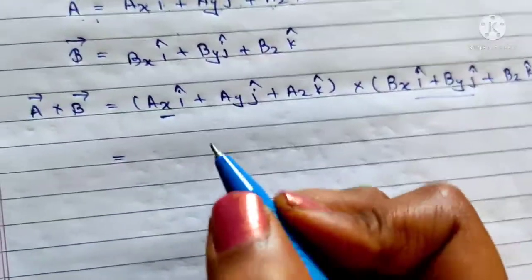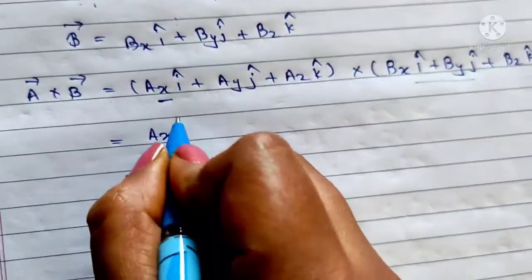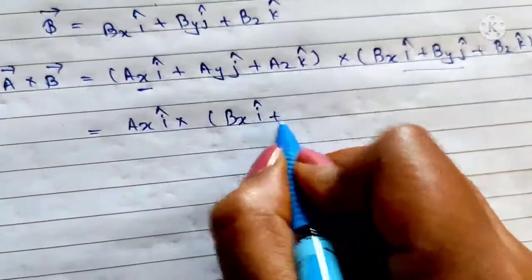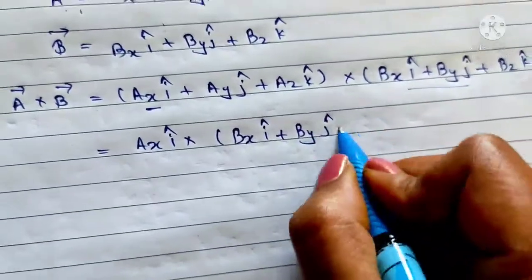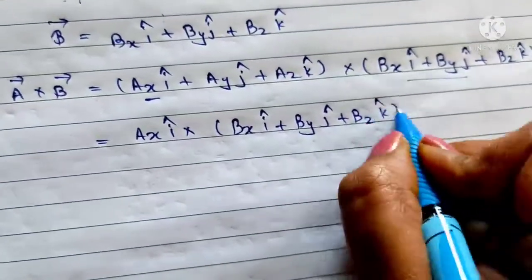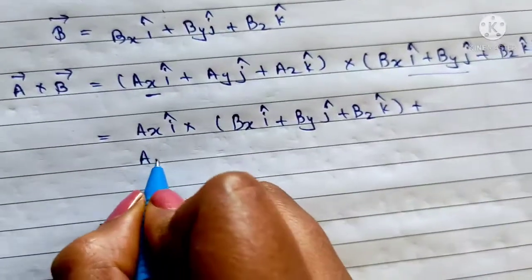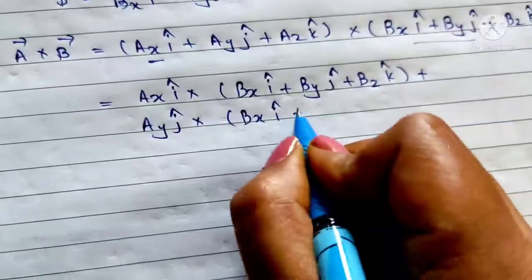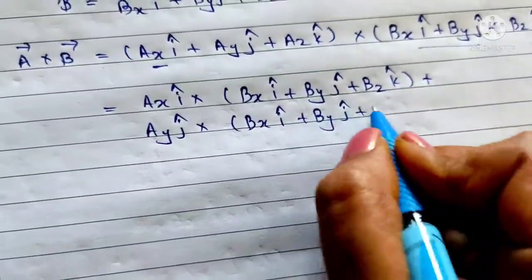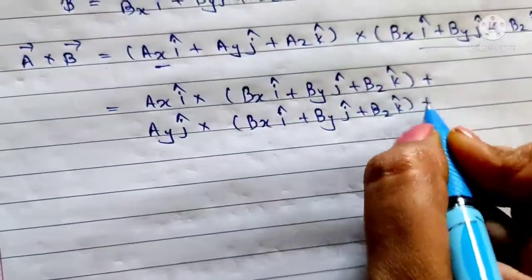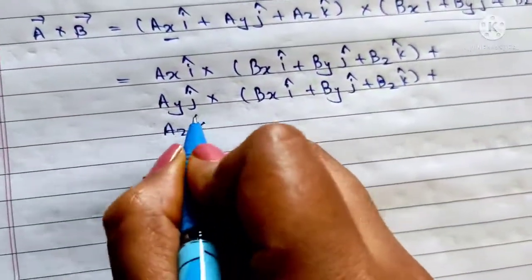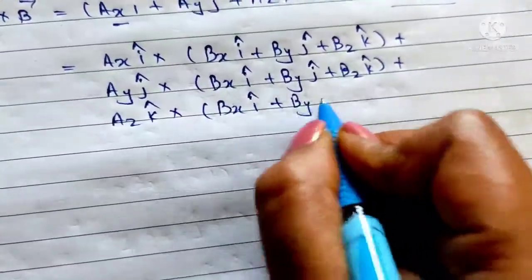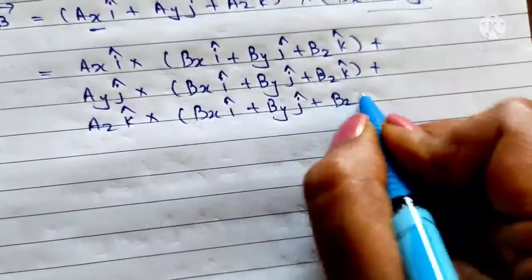So here we can write the next term as ax i cap cross the second vector bx i cap plus by j cap plus bz k cap, plus ay j cap cross bx i cap plus by j cap plus bz k cap, plus az k cap cross bx i cap plus by j cap plus bz k cap.